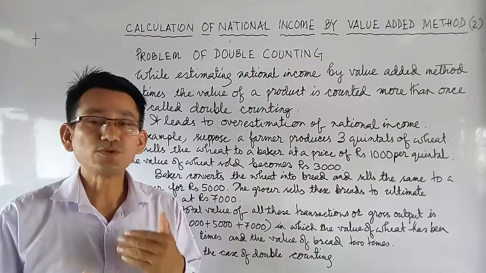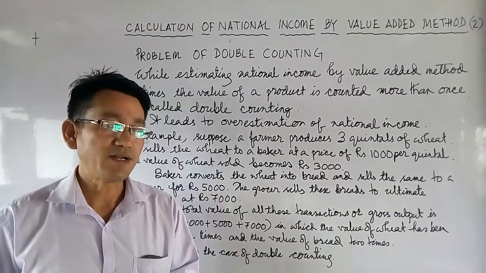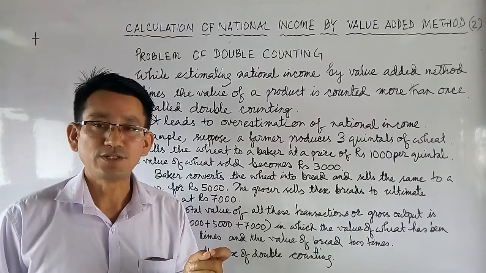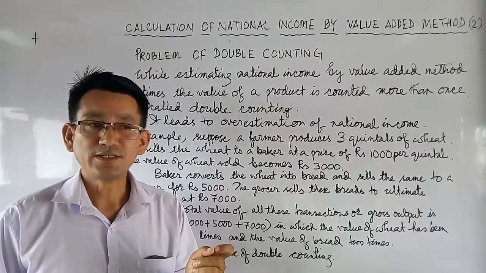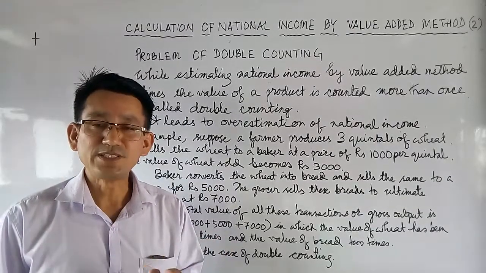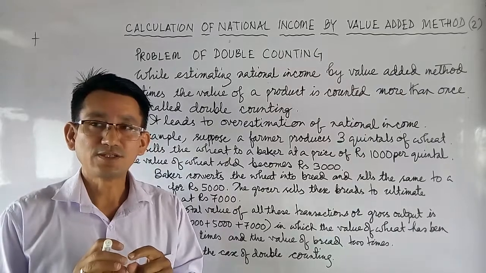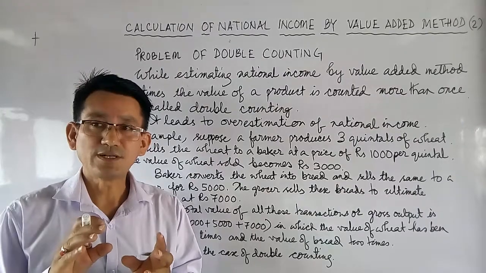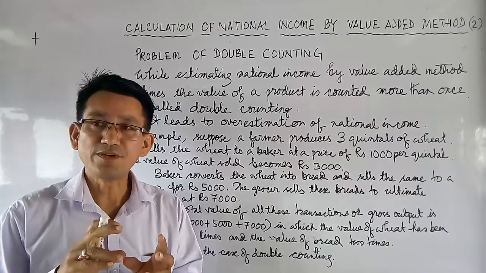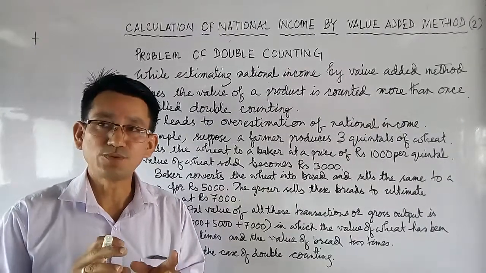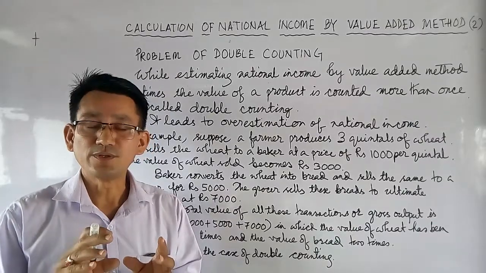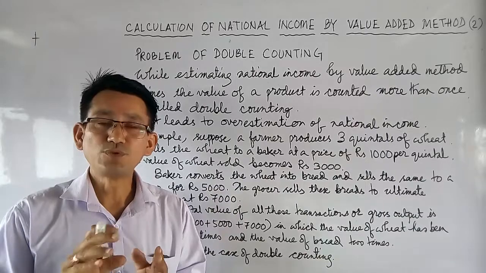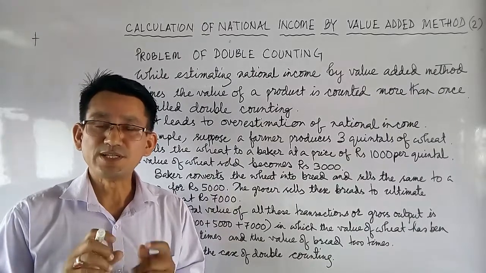But before we go to double counting, I want to clarify one thing: I made one mistake in the previous lecture on the value-added method. You will find that mistake on the last page of the video, around 9:45 minutes up to 10:20 minutes.